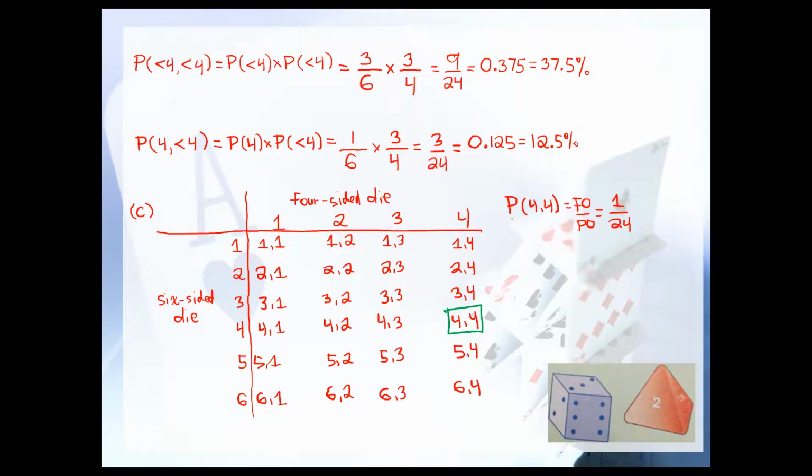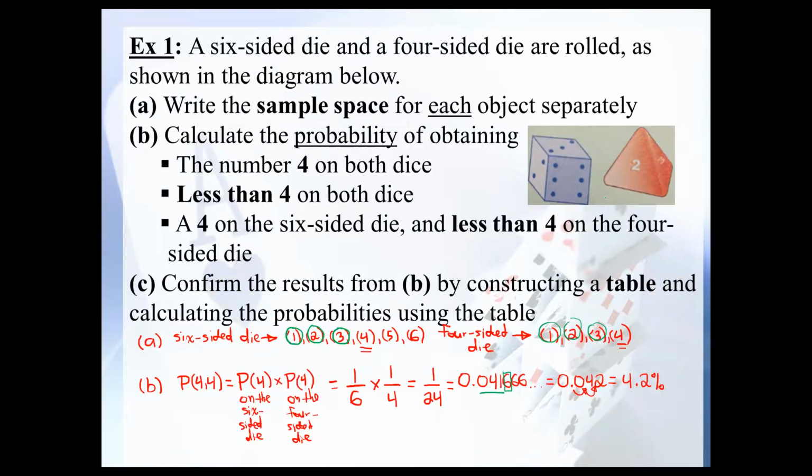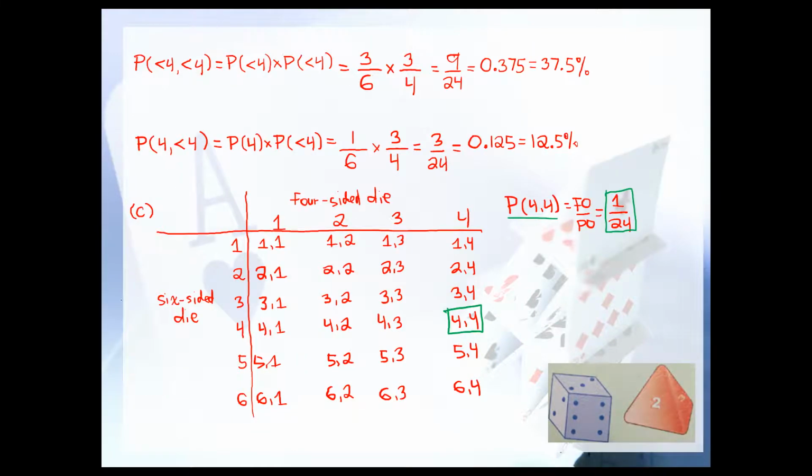The probability of obtaining a 4 on each die is 1 over 24. And if you go back to the previous slide, when we did our multiplication method, the probability of obtaining a 4 on each die was also 1 over 24. So this method does work. You can take the probability of each independent event occurring and multiply them by each other to get the probability of both events occurring. Okay, well, how about the other ones?